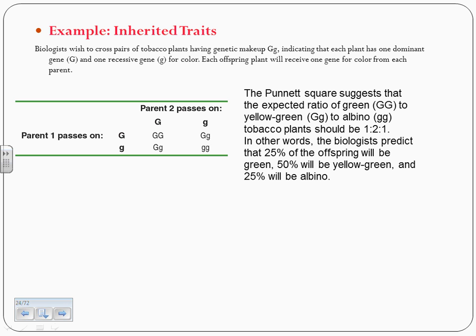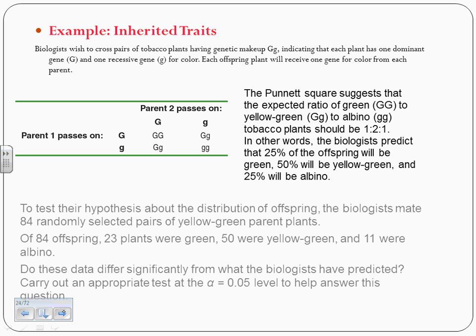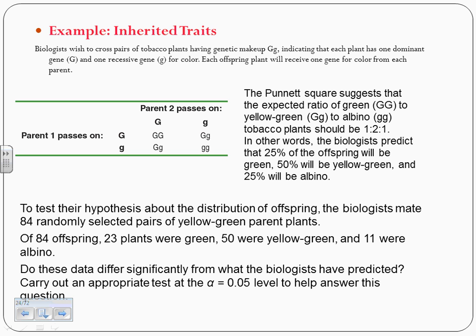All right. So let's see how you do on this one, inherited traits. So here's the whole question. See if you can find all your expected counts, find your chi-squared, set up your null and alternative, check your conditions, all that fun stuff, and make your conclusion in context of the problem.